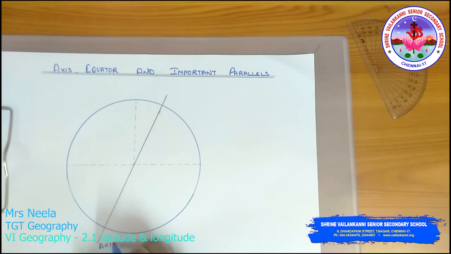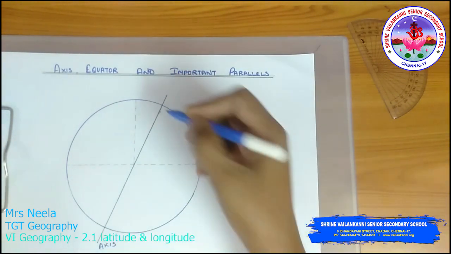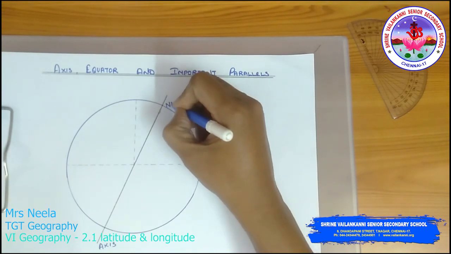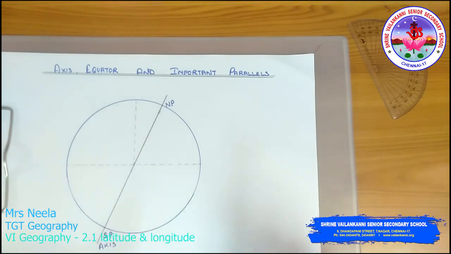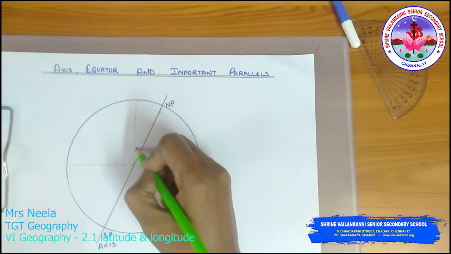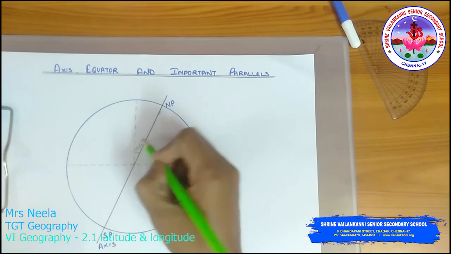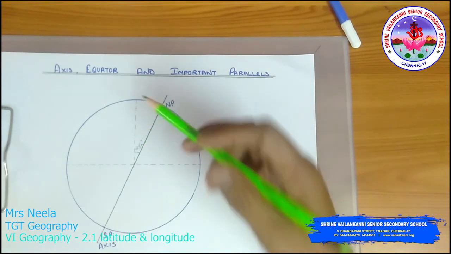It is the imaginary line, and these points are the poles, North Pole and the South Pole. Now this angle is 23.5 degree. Now leave this imaginary line.